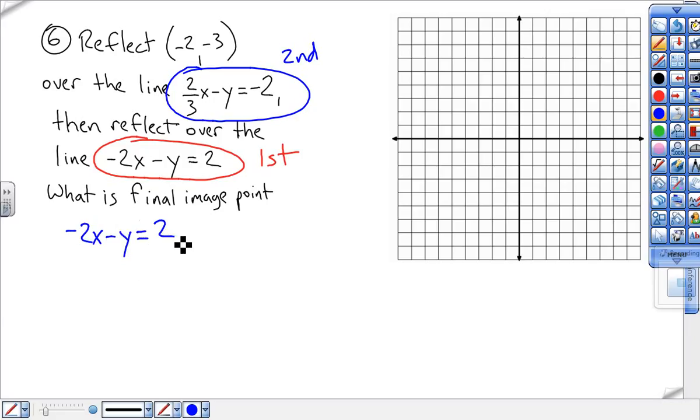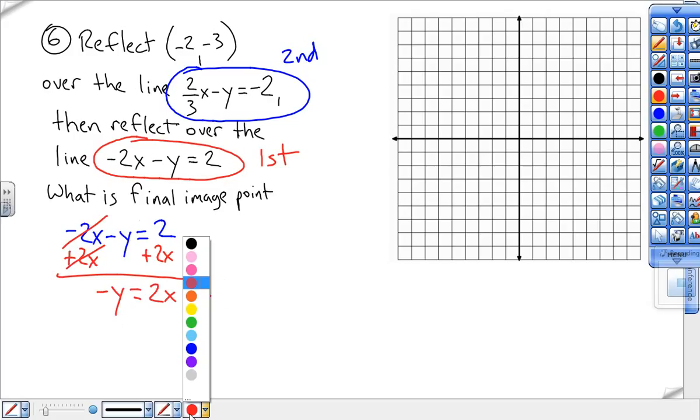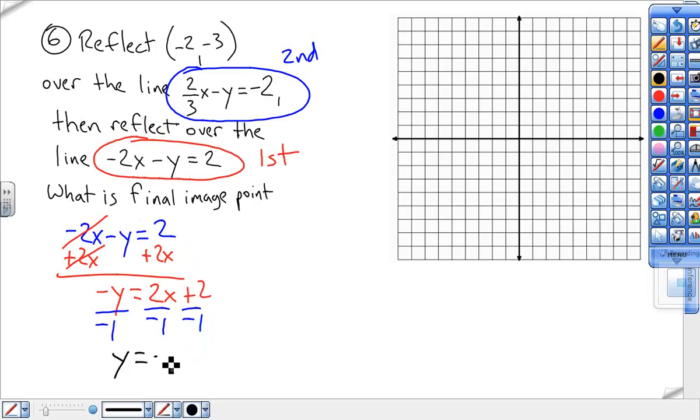I'm going to add 2x to both sides. I'm going to bring down -y. I'm not going to combine those two unlike terms. Divide everything by -1 to get that y positive, and by itself, that will give me the line y equals -2x minus 2.